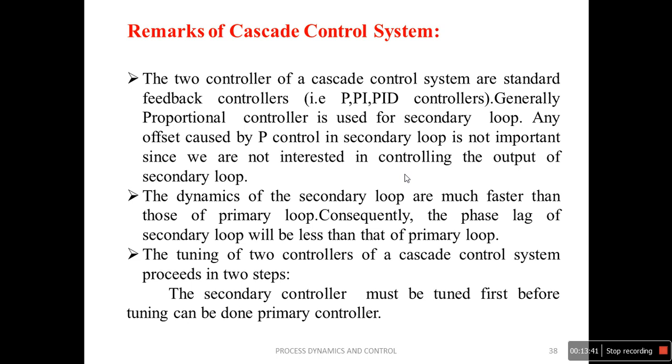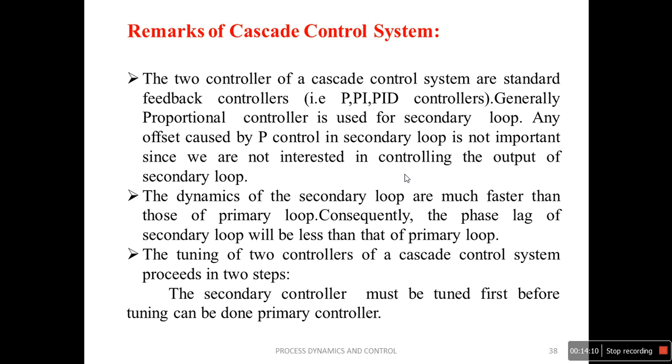Our main aim is to control the primary variable, so if there is any offset produced in the secondary loop because of this proportional control, that is not that important. And moreover, this may be eliminated by using the PID controller in the primary loop. So that's why the proportional controller is used for the secondary loop, whereas for the primary controller a PID controller is used.